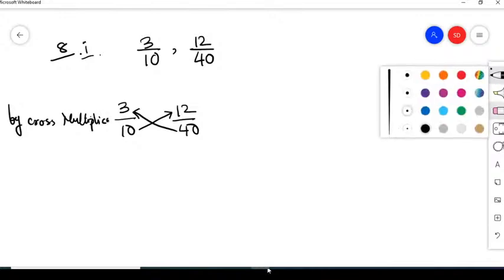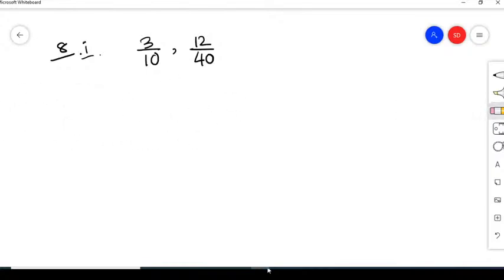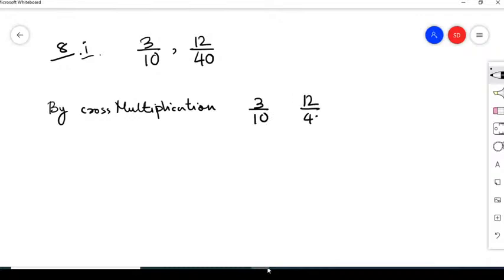One minute. Let me write this. I'm going to write the same thing. Don't worry, you don't cut. Okay. By cross multiplication, 3 by 10, 12 by 40.